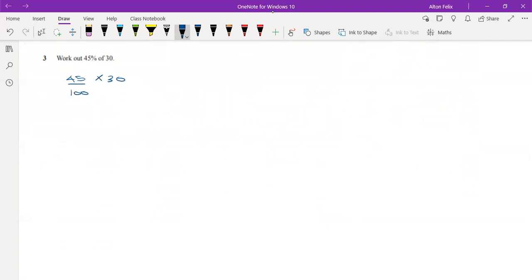So let's recap. If you have a percentage and you want to express it as a fraction, you rewrite by simply using 100 as your denominator, and you keep the whole number part.